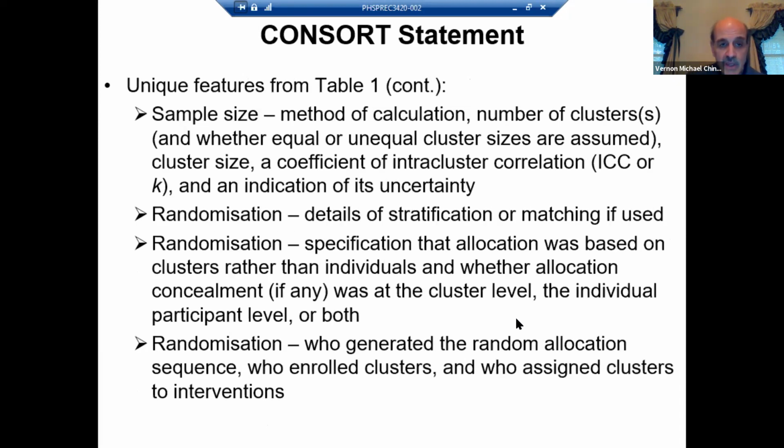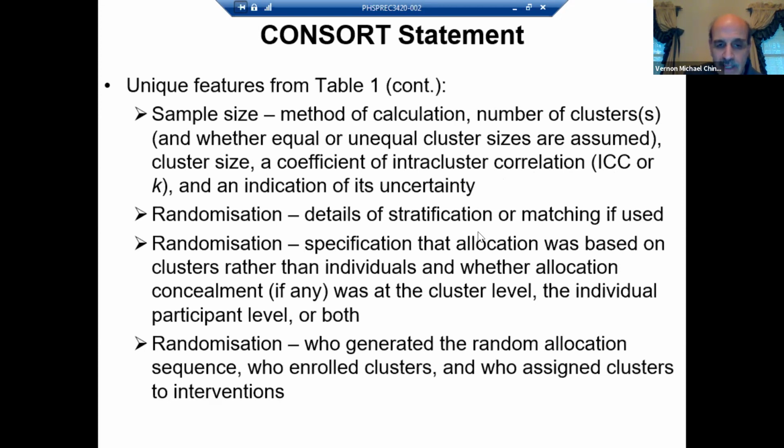Additional requirements from this table and the CONSORT statement: how you did the sample size calculation, what you assumed about the intra-cluster correlation coefficient, how certain or uncertain you are about it. Are you using prior data? Are you just making your best guess at what that intra-cluster correlation coefficient might be?